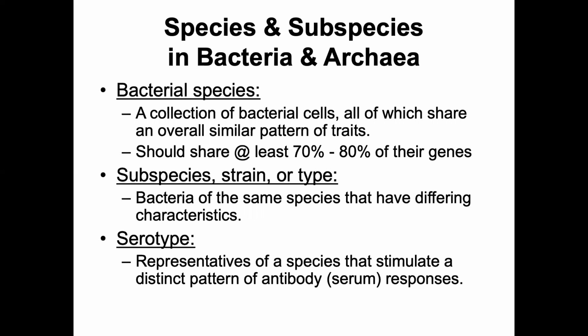So with subspecies, strain or type, and serotype, we're getting down to a smaller and smaller group of organisms as we continue from genus to species to subspecies all the way to serotype.